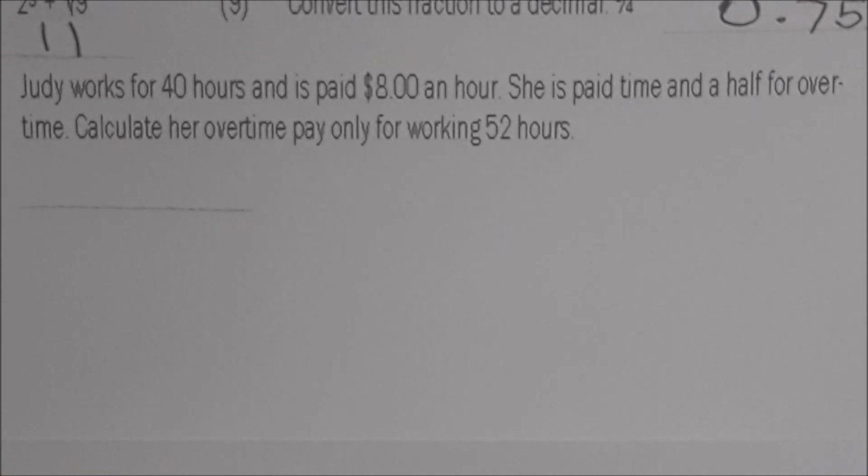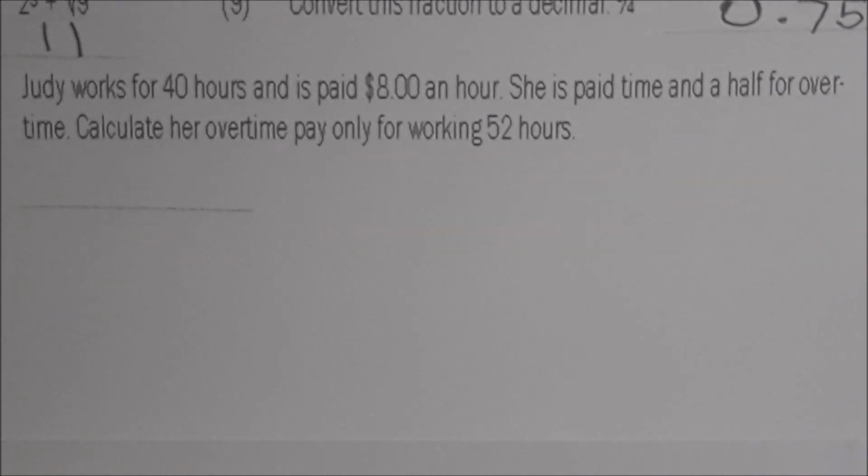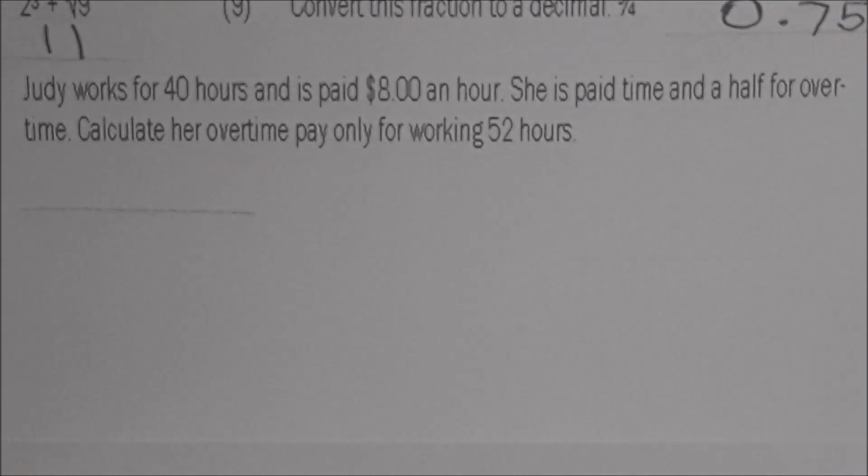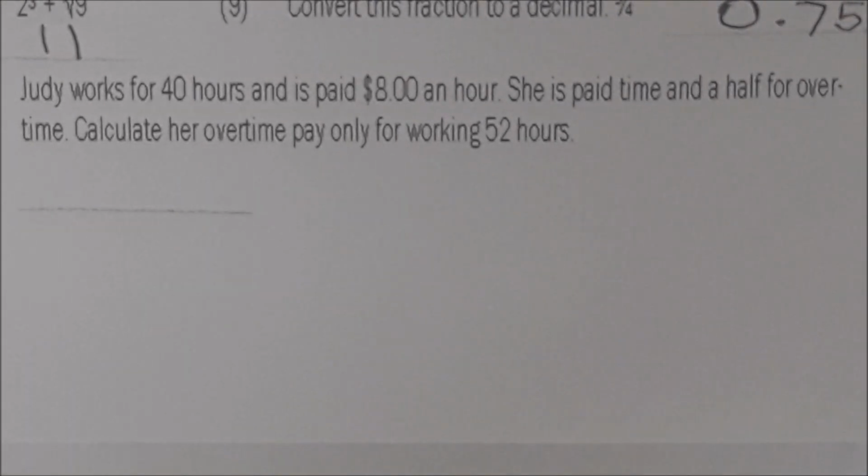So first you need to see regular work hours is 40. So you need to see how many overtime hours she had. So Rafaela, do the rough work over here at the bottom for me. So put regular hours.